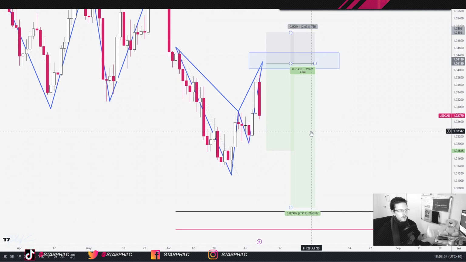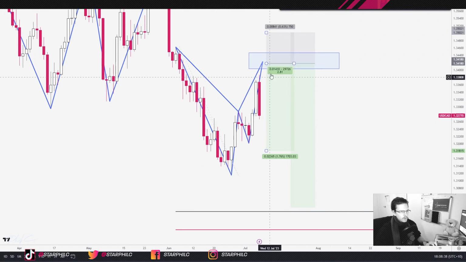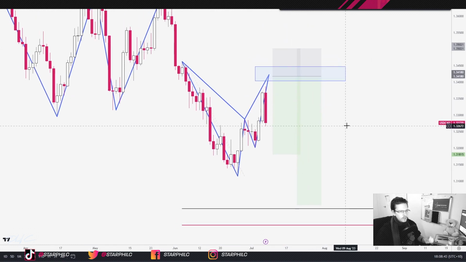That's almost a 5-to-1 on target 2. So if we get a move up, we're looking for an incredible risk to reward on this dollar CAD trade. Combining two strategies together can be very powerful.